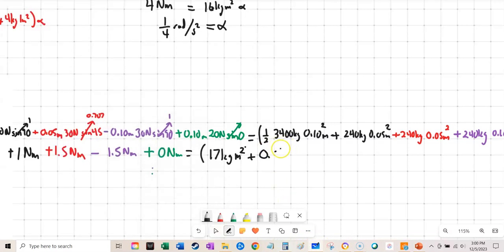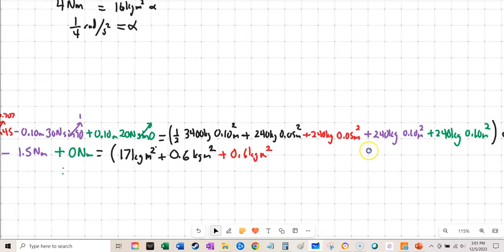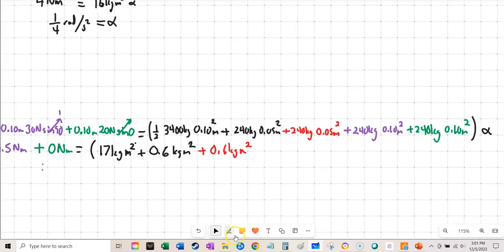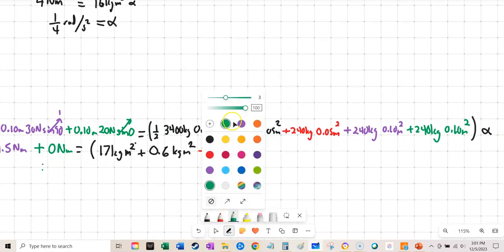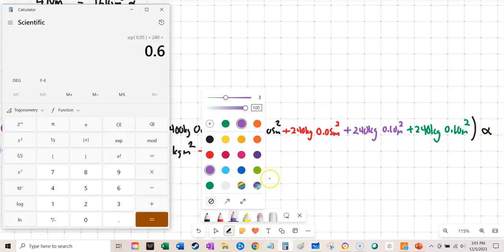0.6 kilogram meters squared, which means the red one is also going to be 0.6 kilogram meters squared of moment of inertia there too. Now comes the purple and green, which are going to be the same ones. So that'll be pretty easy.